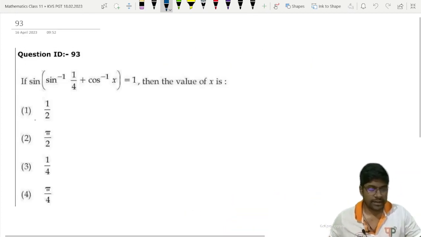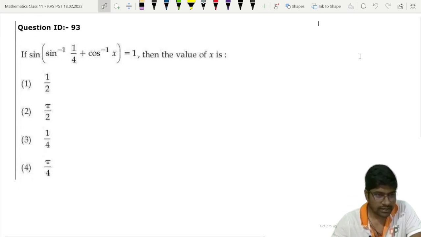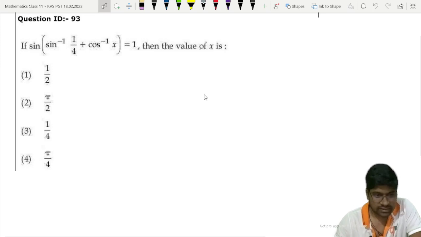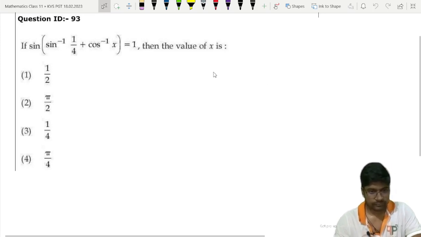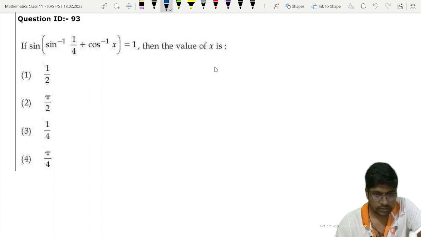Question number 93. Now this question you can solve orally. No need to do any calculation, but still I am showing you that sine of this is equal to 1.